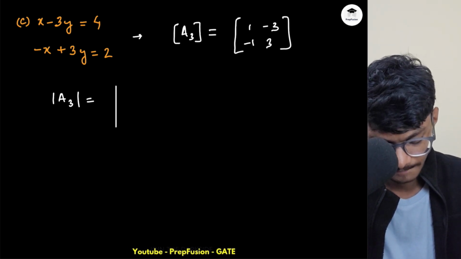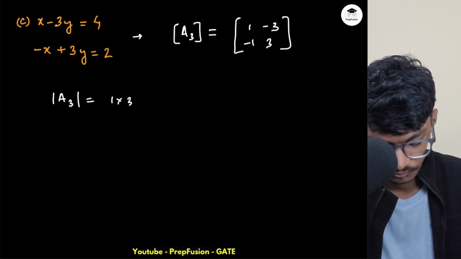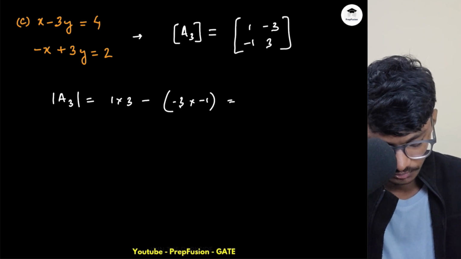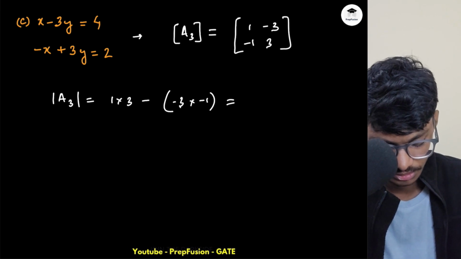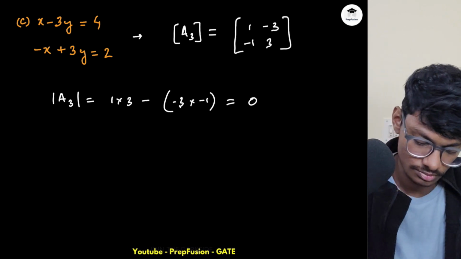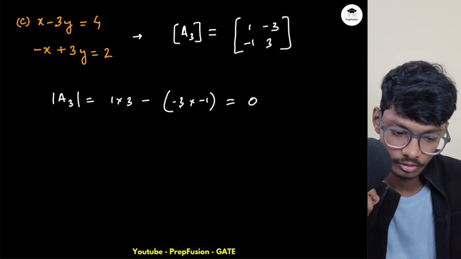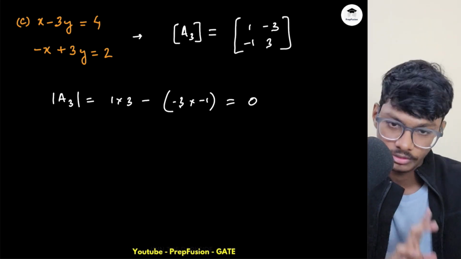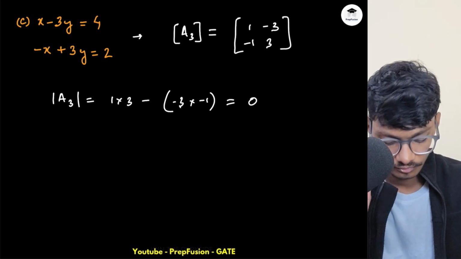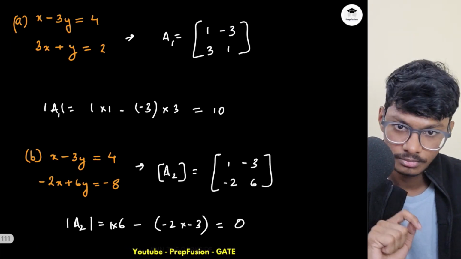It will be simply 1 times 3 minus 3 times minus 1, which is equal to 3 minus 3, again 0. So what we are observing is we are getting 0 two times, and here we got some non-zero value.